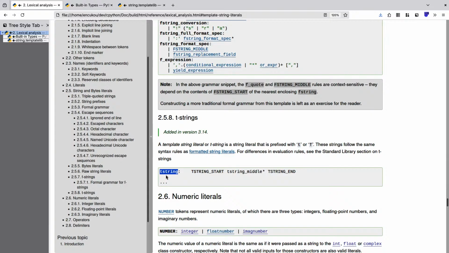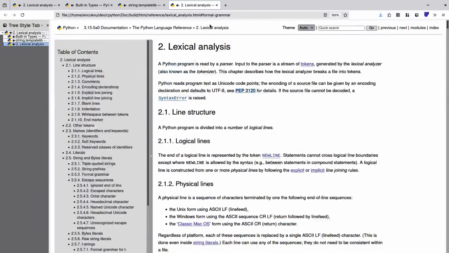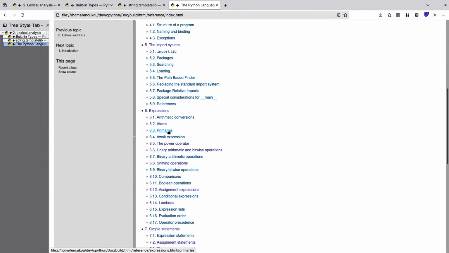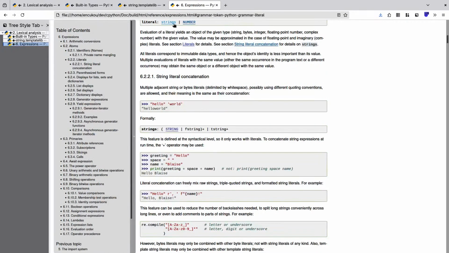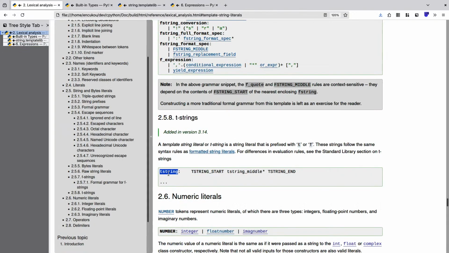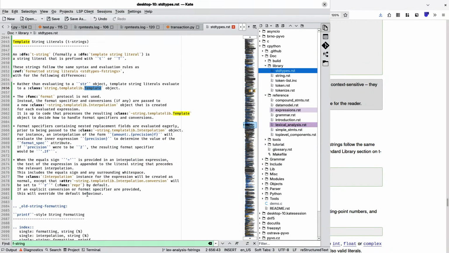Now hopefully this t-string will be linked from the expression grammar. F-string, t-string. Why are we not linked? What's wrong here?